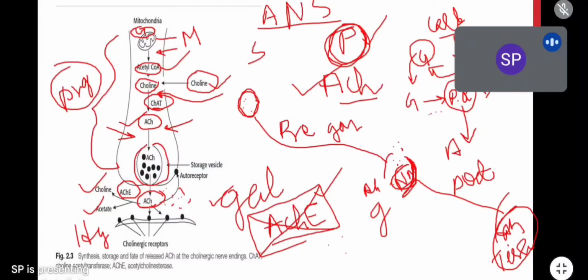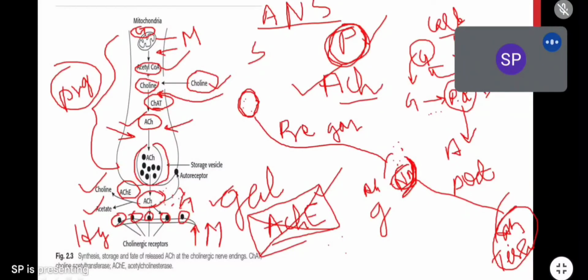Acetylcholine will not be hydrolyzed, it will not be metabolized, and the concentration of acetylcholine increases in the ganglia as well as in the neuroeffector junction, and through that what happens? Acetylcholine will get the opportunity to go and bind on the receptors, and it will show more action of acetylcholine.